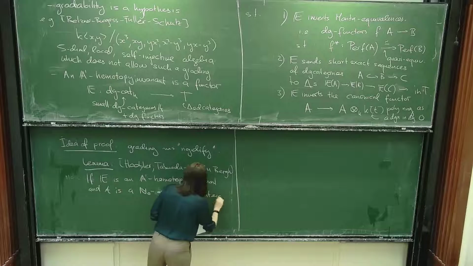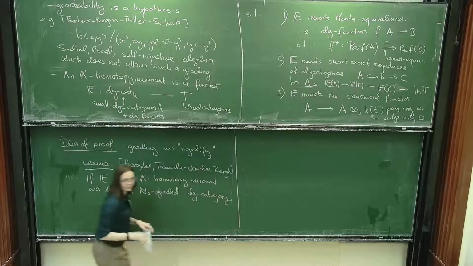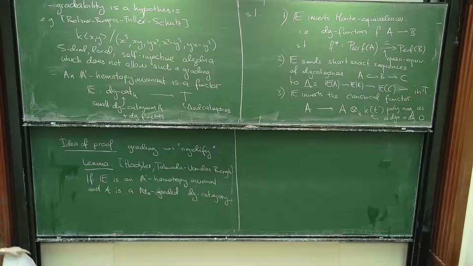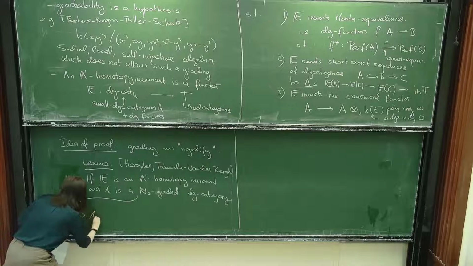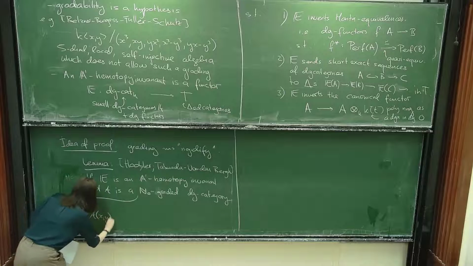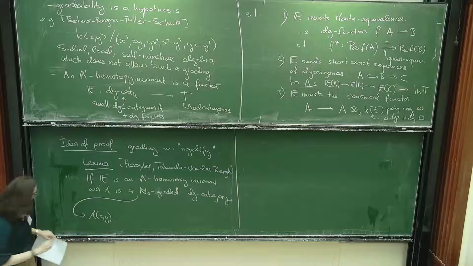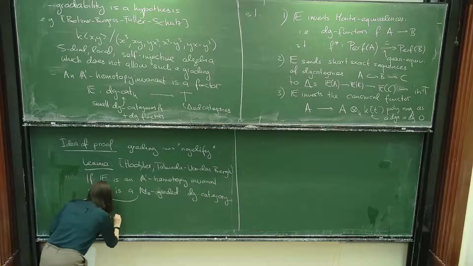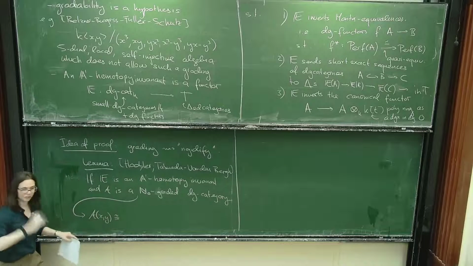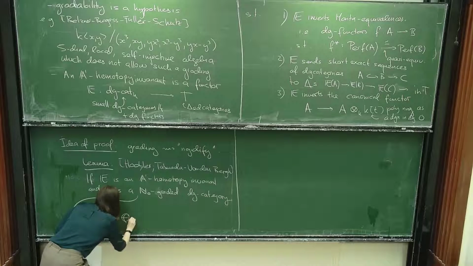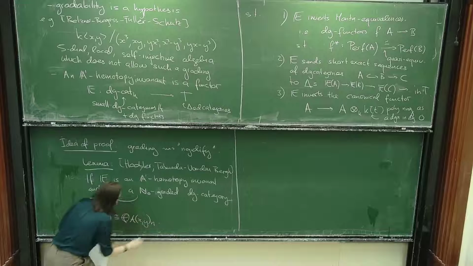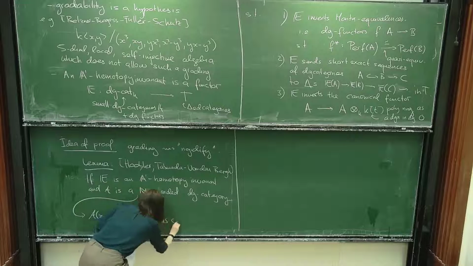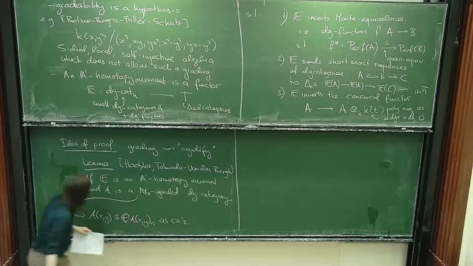So what does that mean? That just means that every Hom complex in A has a grading, so that it is isomorphic as a cochain complex to some pieces, as complexes.